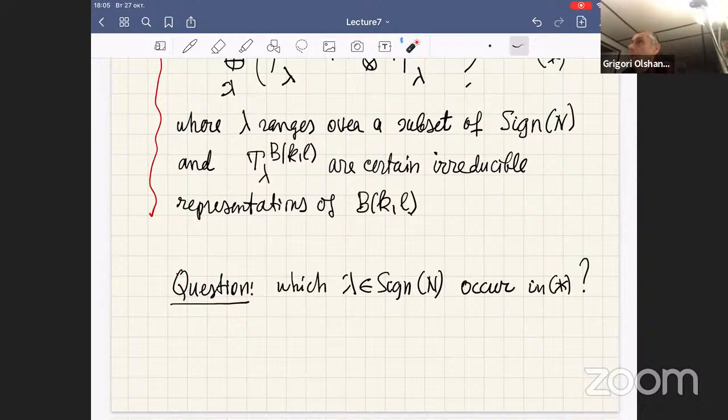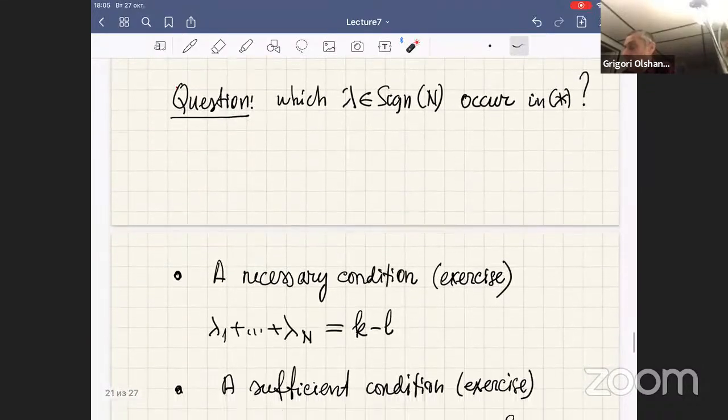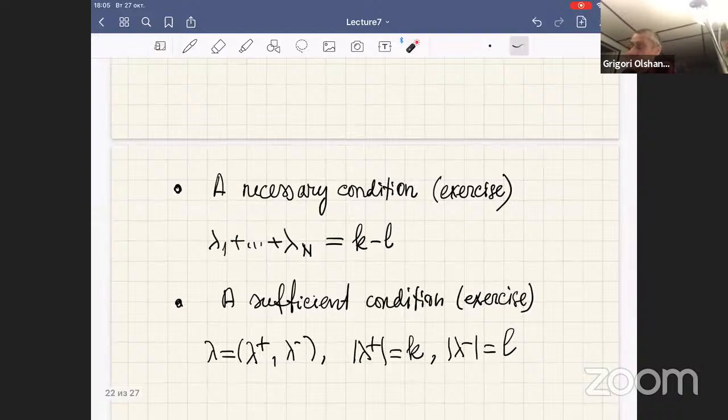And the answer is known. There is a paper by John Stembridge, but it requires some work. I don't want to discuss it. I want only to mention that there is some necessary condition. It's an easy exercise that if lambda shows up in this decomposition, then it should satisfy this condition. I recall that these numbers can be negative, so this can also be negative, so there is no problem here.